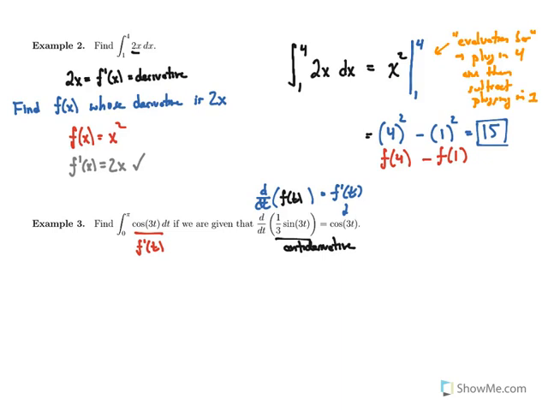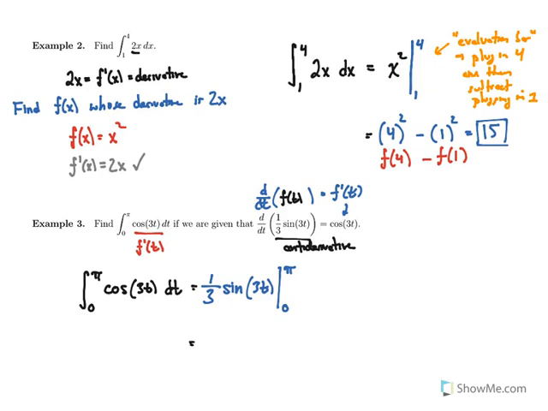So the fundamental theorem of calculus tells us to do this integral. The integral from 0 to pi of cosine of 3t dt is going to be equal to 1/3 sine of 3t evaluated from 0 to pi.